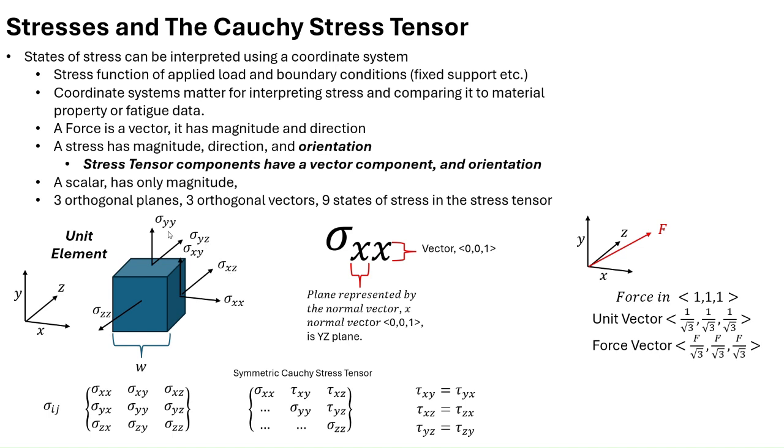And this stress would be the stress defined by the force in the y direction acting on the plane defined by the normal vector in the y direction. So it would be the stress in the y direction acting on the zx plane.